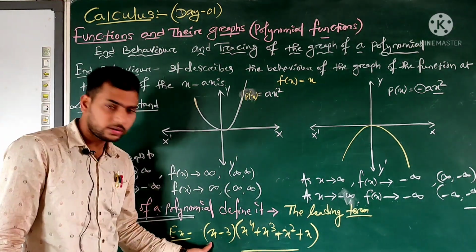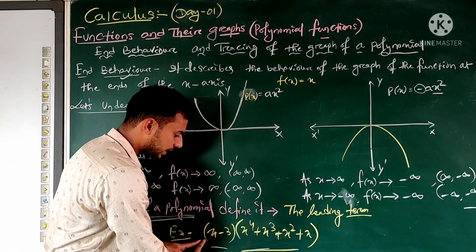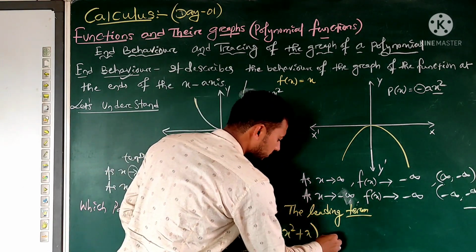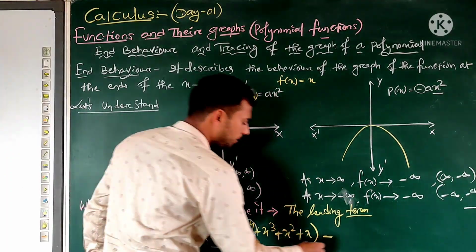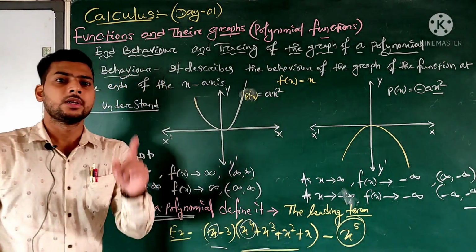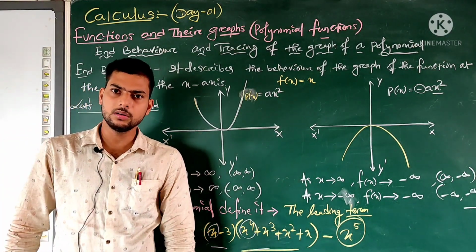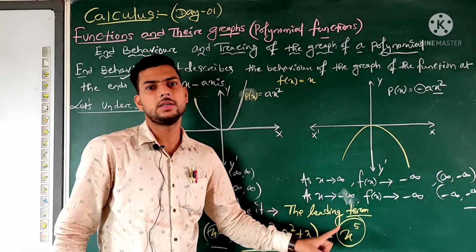You just consider the highest degree term of this part and the highest degree term of this part. Here it is x and x^4. Just multiply these two and get the total polynomial. The leading term means the term having the highest exponent, or the degree of the polynomial, which is x^5. So here the leading term is x^5.